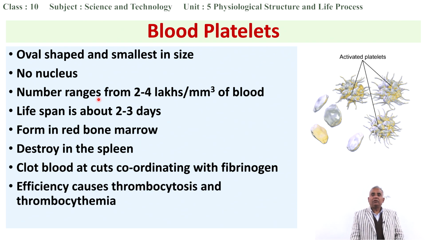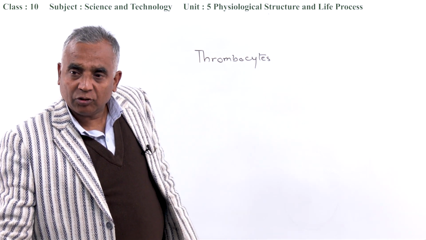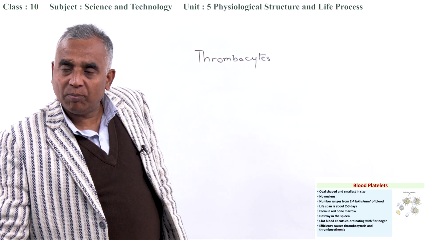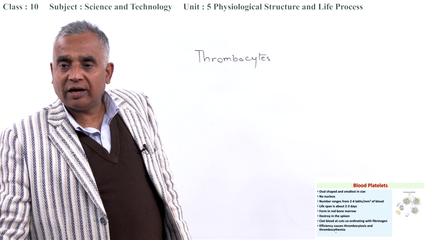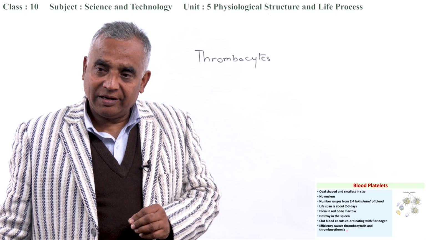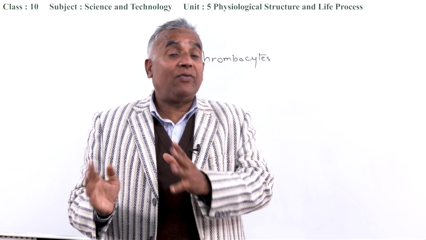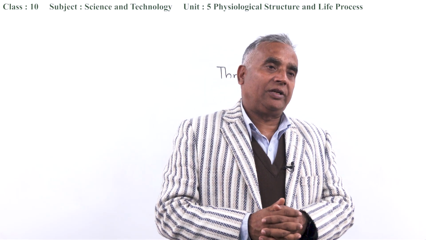Excess causes thrombocytosis and thrombocythemia. Because the term thrombo is here, this is related with platelets. Both of them are disorders due to excess, when the number is increased, and that is also related with blood clotting.